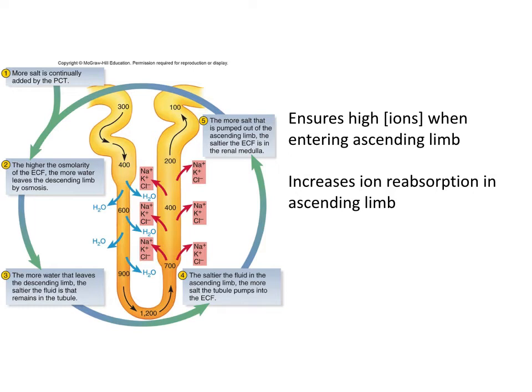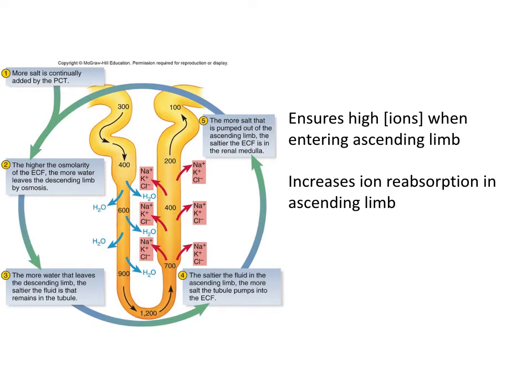Now, this change in the composition of your tubular fluid is actually important because that high solute, low water concentration increases your ion reabsorption in the ascending limb. That high ion concentration increases your rate of active transport of the ions out of your ascending limb.